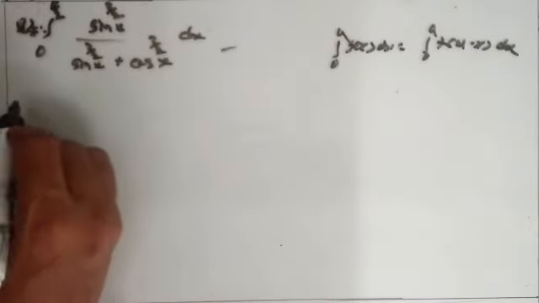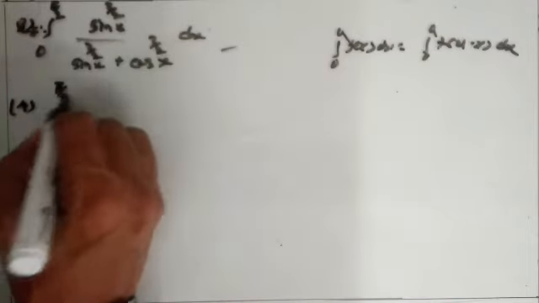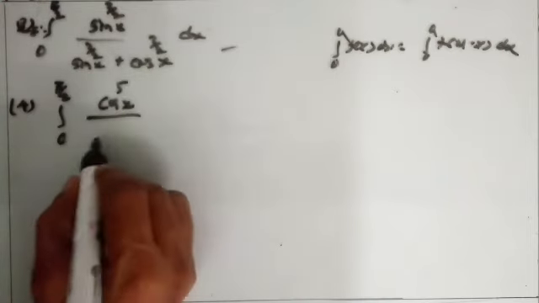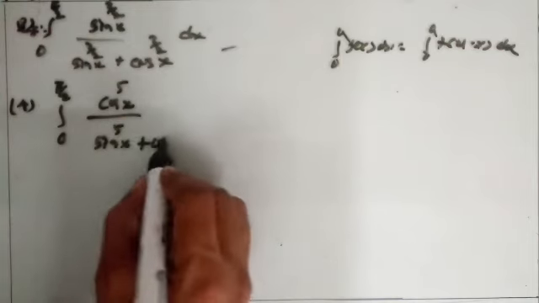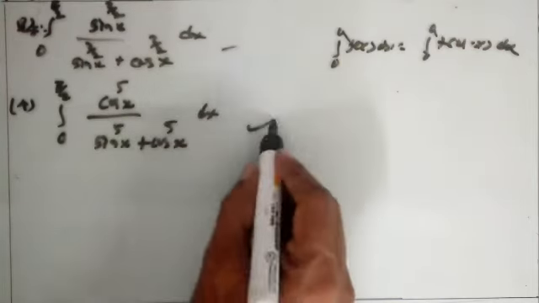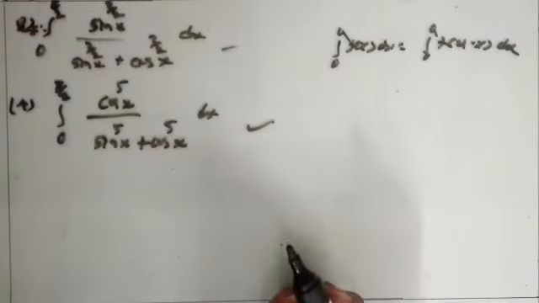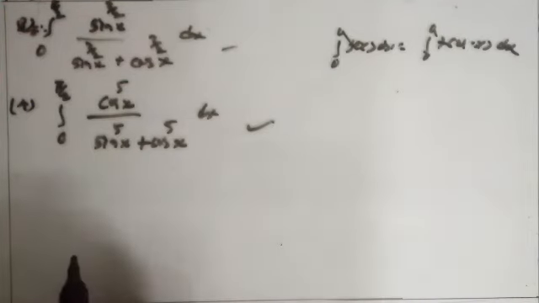Now the same question, question number 4, 0 to pi by 2 cos x raised to 5 upon sin x raised to 5 plus cos x raised to 5 dx. Applying the same, we get the answer pi by 4. Okay. Solve yourself.